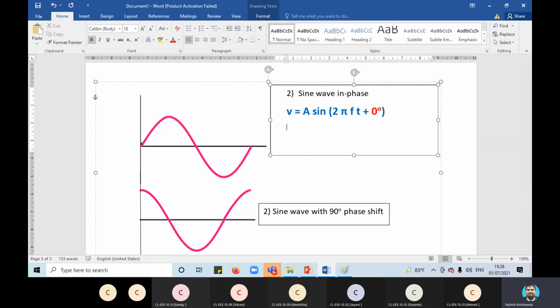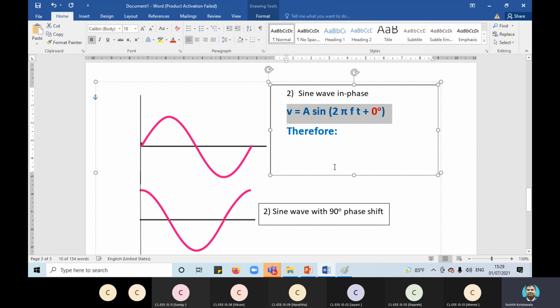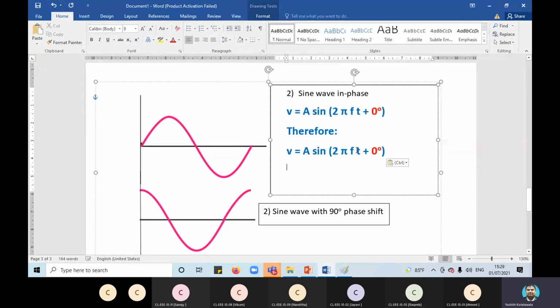Therefore, you can say that it is just sine 2 phi ft. The summary, now this is the summary. This is where you get the exact connection with Fourier series. So here you get it. This is how you get it.